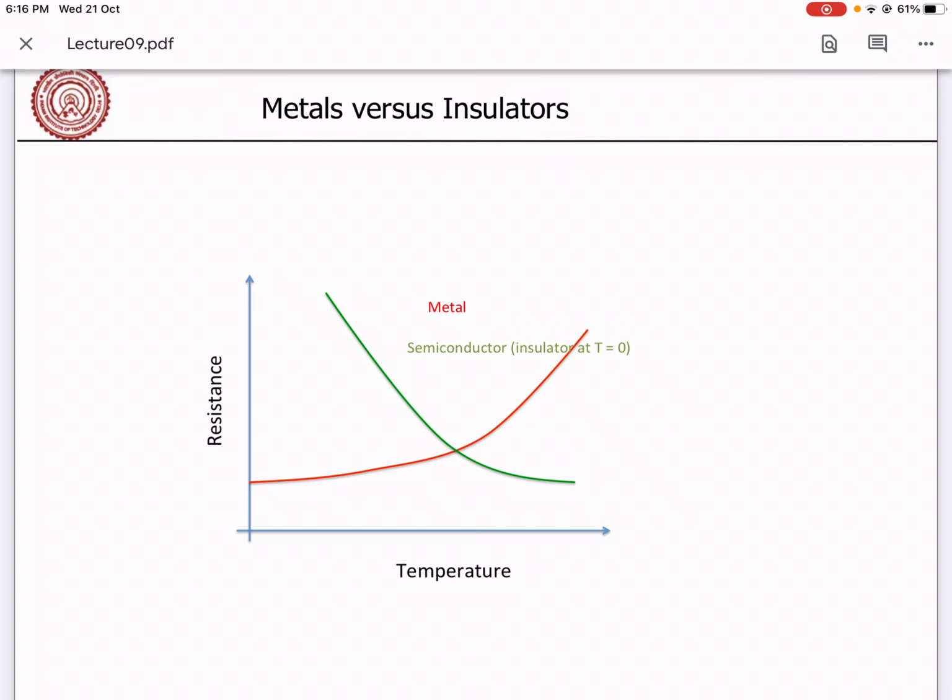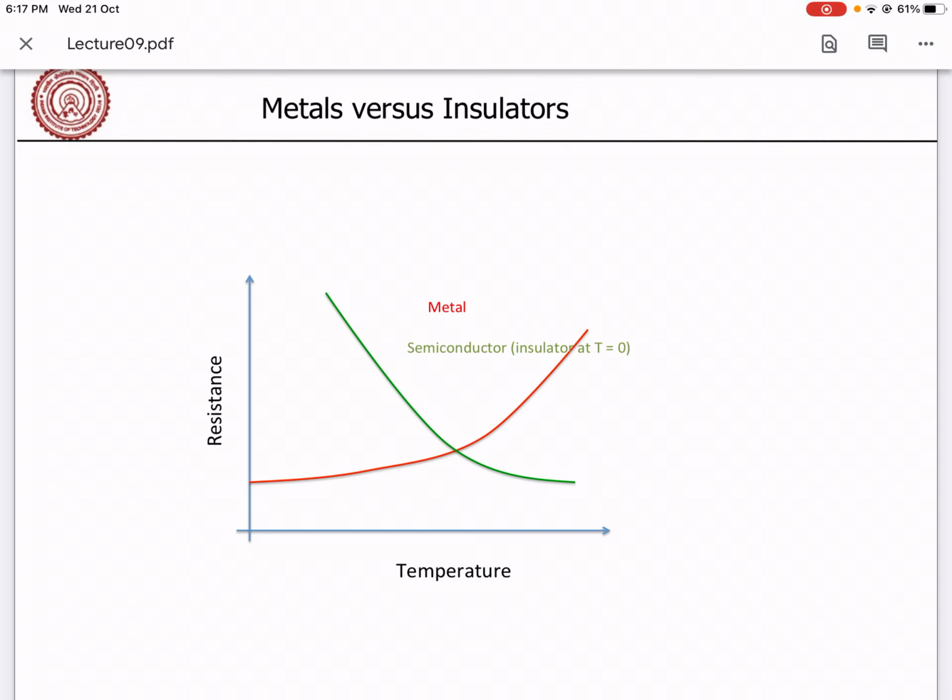What you do is measure the resistance and keep decreasing the temperature, from room temperature going down towards low temperature. In this axis, room temperature is on the right side, and low temperature is at the origin, on the left side. If you measure that, you will see that metals and semiconductors or insulators behave differently.